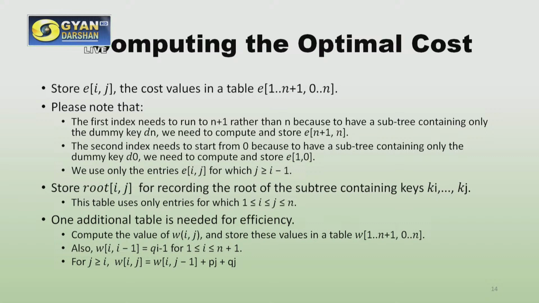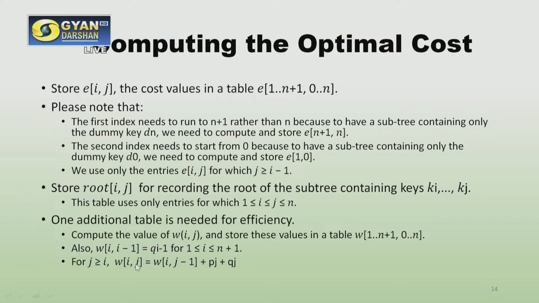Note this particular part: the cost of the tree where you have only the dummy nodes. Okay, so that is what we are referring to. And for j greater than or equal to i, Wij has a recursive formulation.